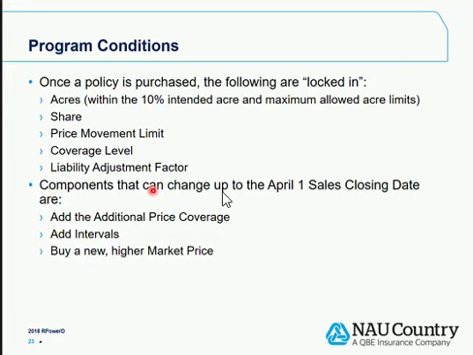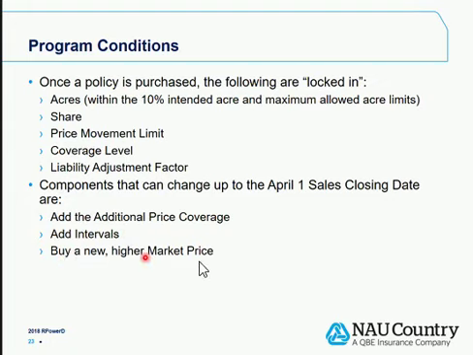The components that can change up till April 1. In other words, you can go back in and add additional price coverage. You can change it from 20 to 25. That last 5 cents is going to cost more proportionally than the first 20 did because you're buying it later. You can add intervals, and they too will be more expensive than if you had purchased them earlier.